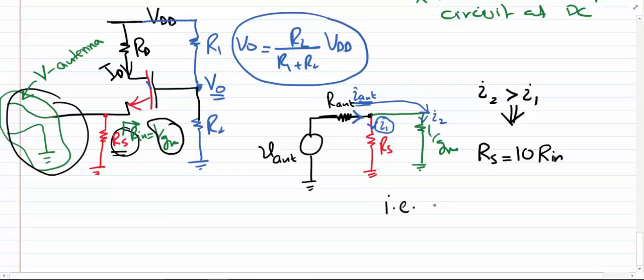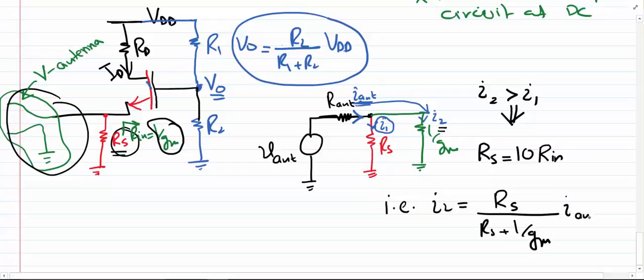That is, if I find the I2 in this circuit, this is going to be equal to RS over RS plus 1 over GM times I antenna.